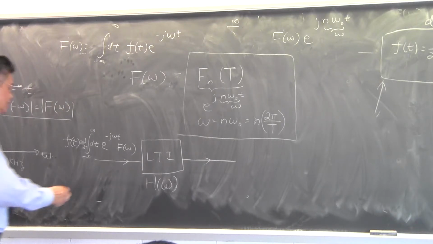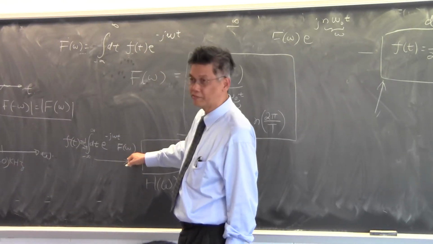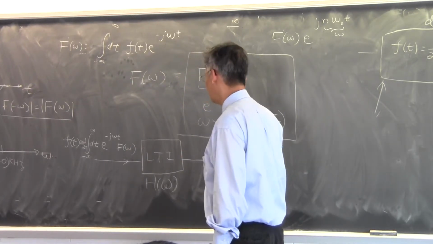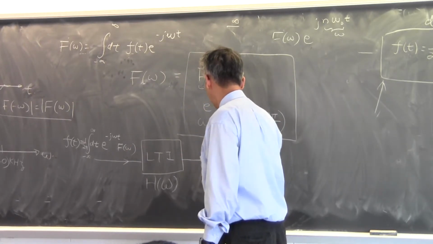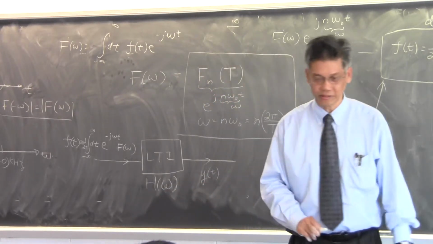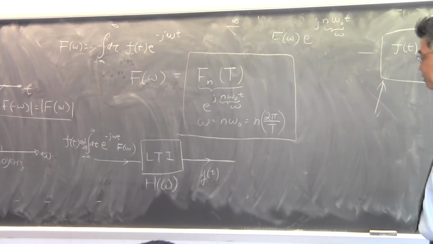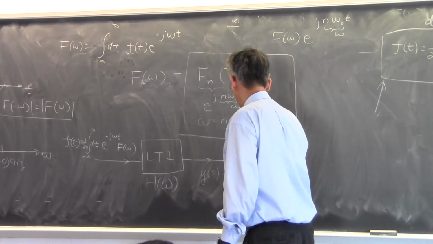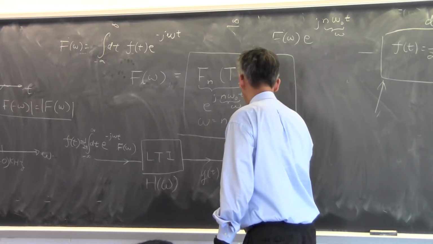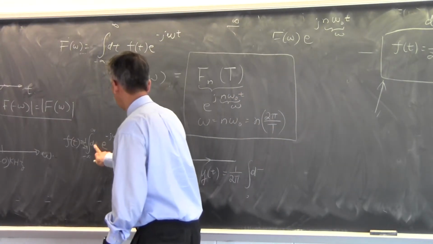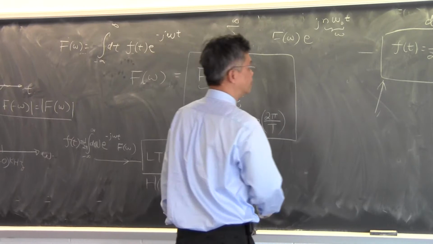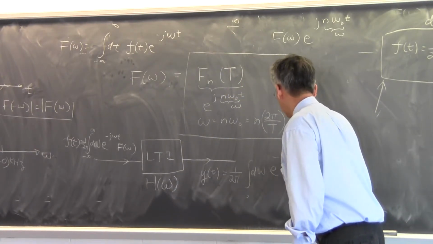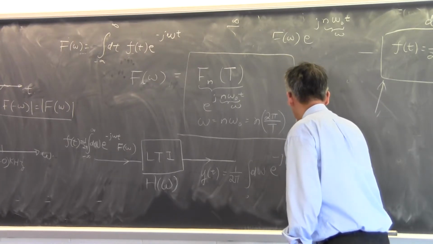Just remember that what you have learned about the Fourier series applies to the Fourier transform. What do you think the output would be if the transfer function or the frequency response is given to be such for a linear system? y of t would be the integral of h of omega with 2 pi times d omega, e to the minus j omega t, and what should I substitute here?